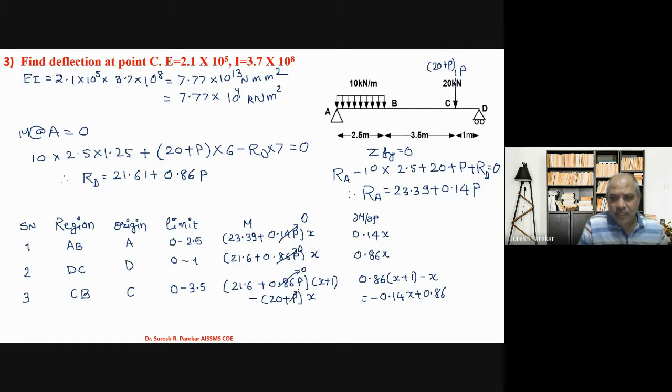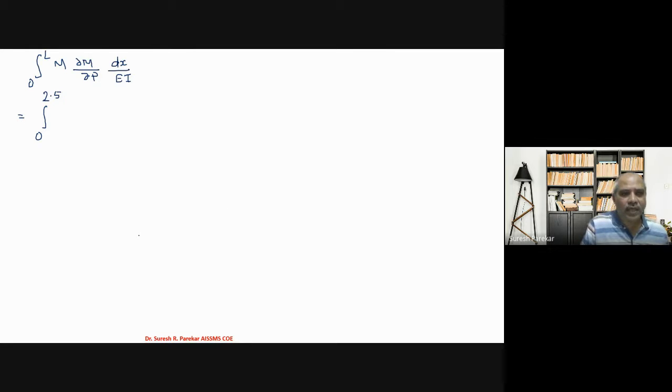So we have 23.39 into x into 0.14x dx upon EI, then plus integration 0 to 1 of 21.67.